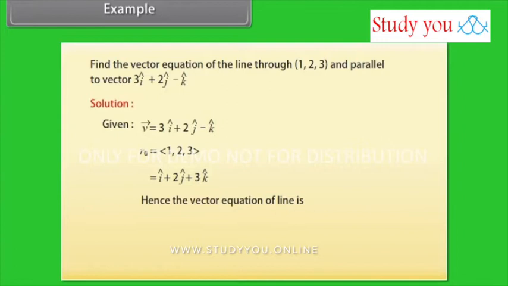Hence the vector equation of the line is r equals i plus 2j plus 3k plus t(3i plus 2j minus k) equals (1 plus 3t)i plus (2 plus 2t)j plus (3 minus t)k.